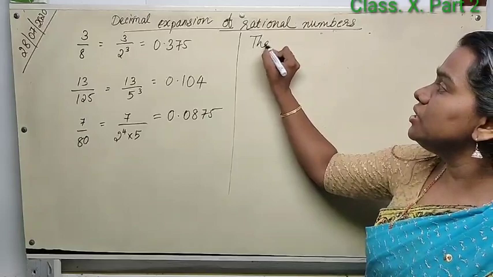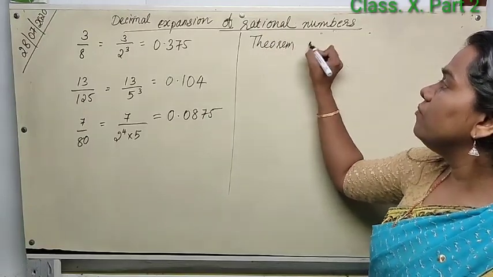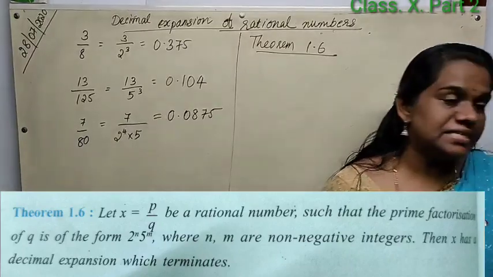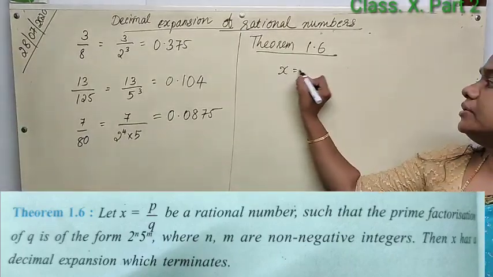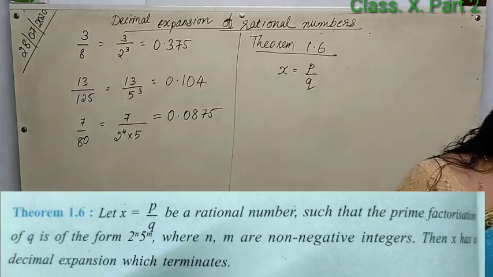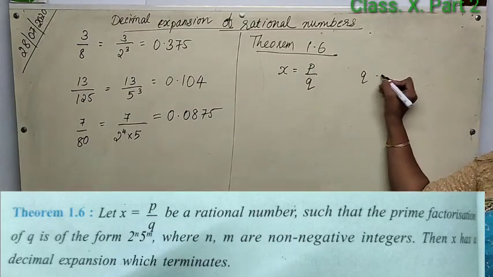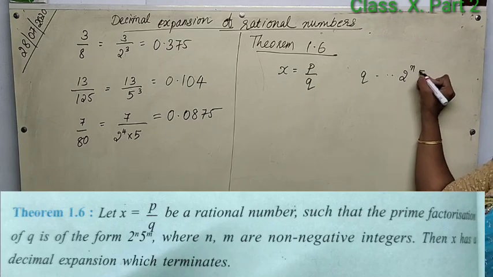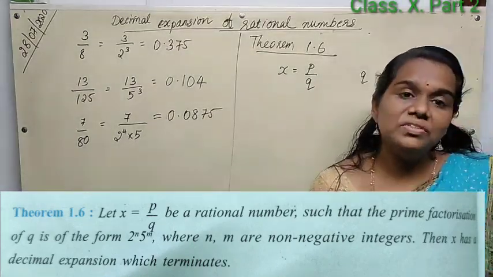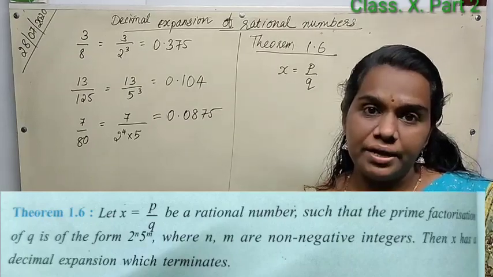This is the last section of our chapter. Theorem 1.6 says: let x equal p by q be a rational number. If the prime factorization of q is of the form 2 raised to n, 5 raised to m, then the decimal expansion of this rational number terminates.